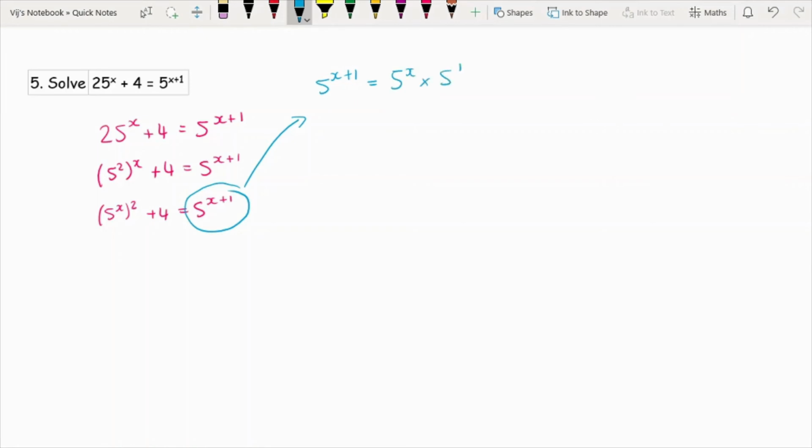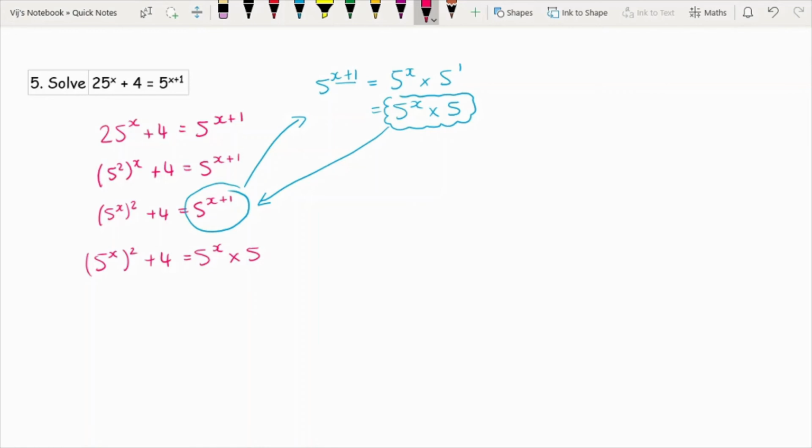When you add the powers of x and 1, it gives you x plus 1, which then becomes 5^x times 5. Now I'm going to substitute that in, so we end up with (5^x) squared plus 4 equals 5^x times 5.